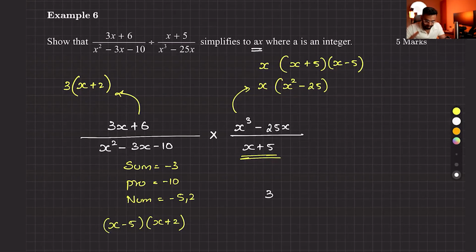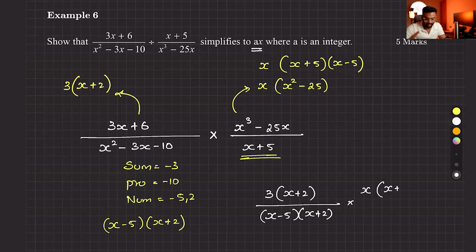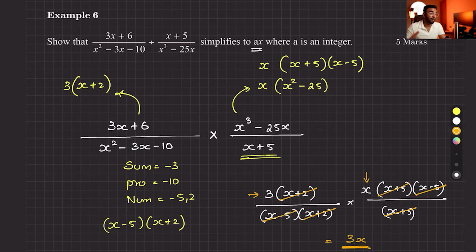We have 3 times x plus 2 divided by x minus 5 times x plus 2, times x times x plus 5 times x minus 5 divided by x plus 5. Now it's time to cancel. You can cancel the x plus 5s, the x plus 2s, and the x minus 5. We are left with the 3 and the x. The answer is 3x.